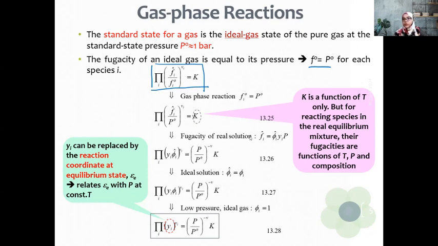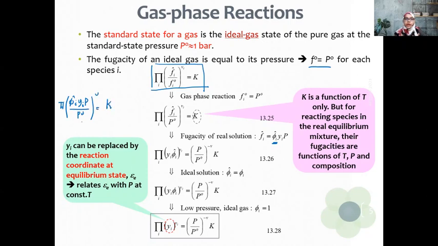And then for the real solution, we introduce the fugacity coefficient into the fugacity of the species in the solution, and introduce its activity, and then it gives another equation. For example, F is the fugacity coefficient for the species in the solution, example species i, times its mole fraction, times P, and also we have P naught.